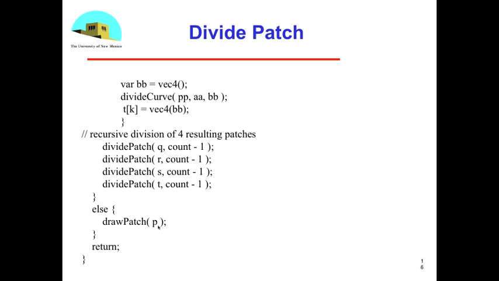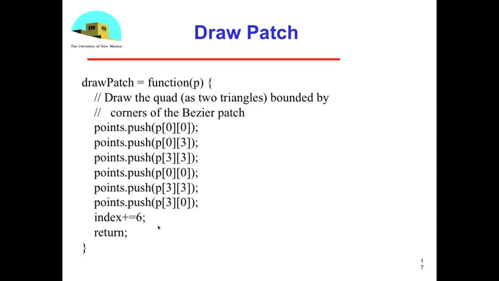Well, what does draw the patch really amount to? It's pretty much what we take the data, and here's draw a patch. What I do is essentially push exactly the same data that I was doing for the polynomial case into my vertex array called points here, and I keep track of how many indices I've created. So the rendering now is no different than rendering any other array of x, y, z values that we've done before.